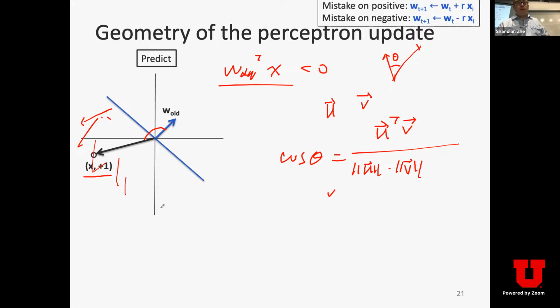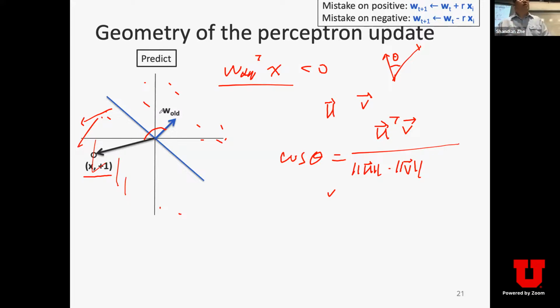Every example on this side has an angle over half pi from W. On the other hand, for all the examples on the same side where W old points to, their angle with W old will be less than 90 degrees, so the dot product will be positive.